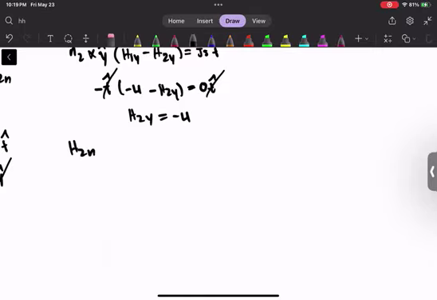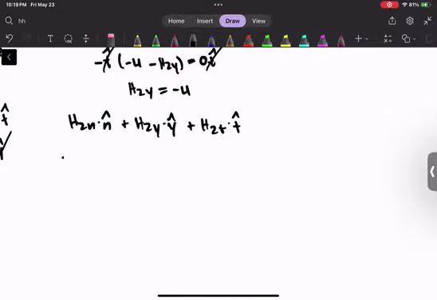The equation puts it back into XYZ: H2n times n hat plus H2y times y hat plus H2t times t hat. We found all these values, we just plug them in. H2n was negative 0.32. Our n hat was -0.8, 0, 0.6.